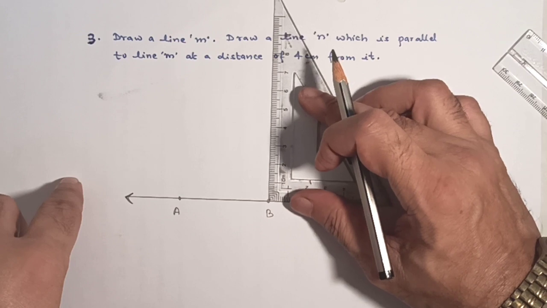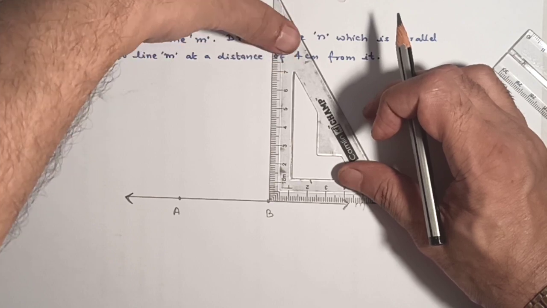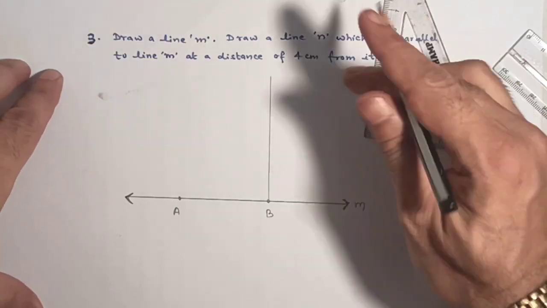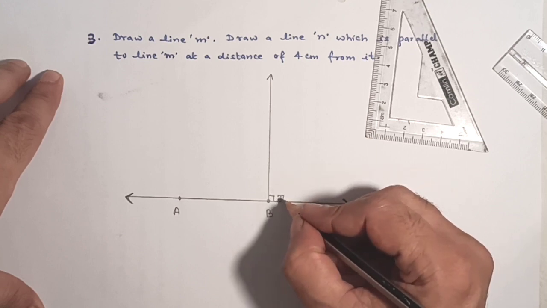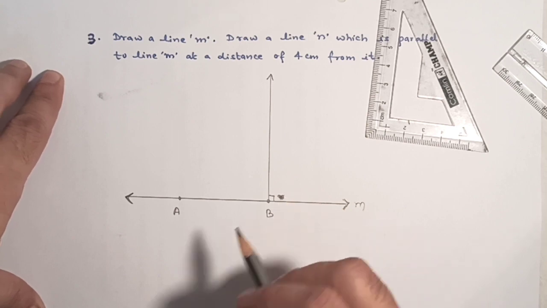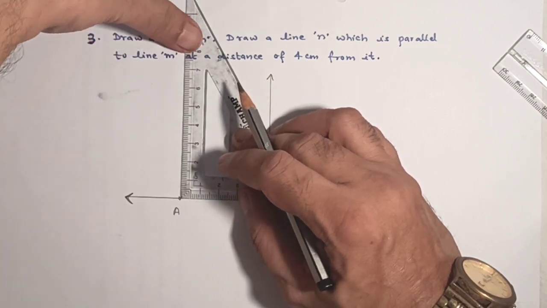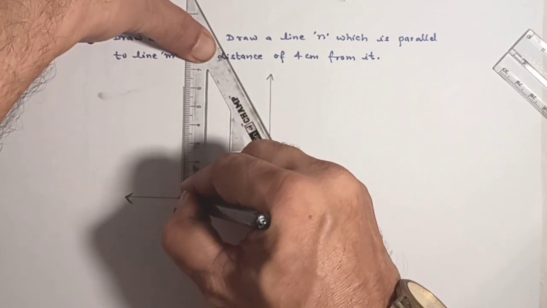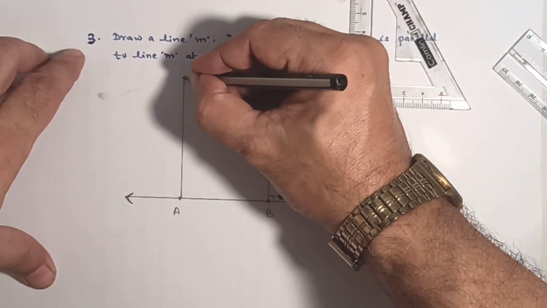Passing through point B, using the set square, you just draw a line perpendicular to line M at point B. Same way you draw perpendicular passing through point A on the line M. These are the two perpendiculars.